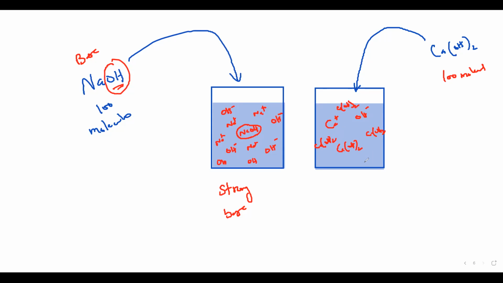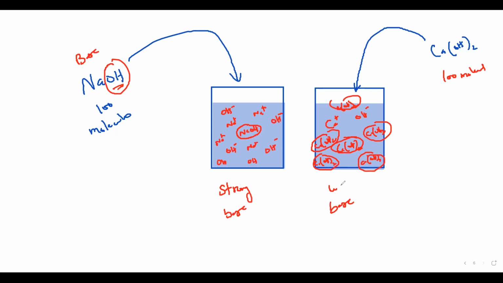What can we say now? Is it strong? Because hydroxide is there, we call that a base. But is it strong or weak? You can see most of them are molecules and very few ions are there.